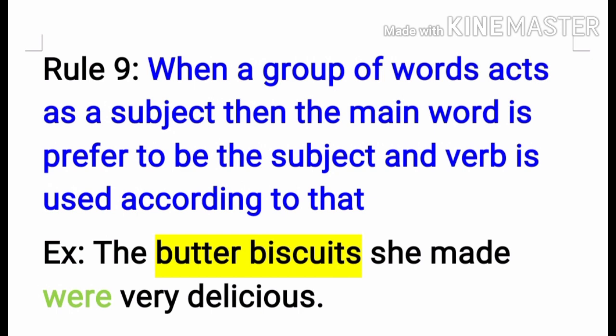Here the butter biscuits is the subject, a phrase, but we will use the verb according to biscuits. Biscuits is plural, so we use the plural verb were. If it were the butter biscuit, singular, we would use was. So the verb should act according to the main word which acts as the subject.